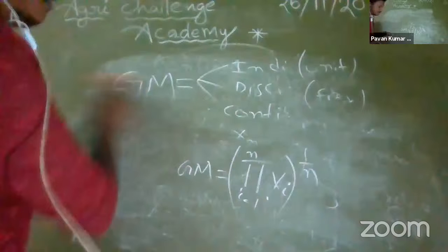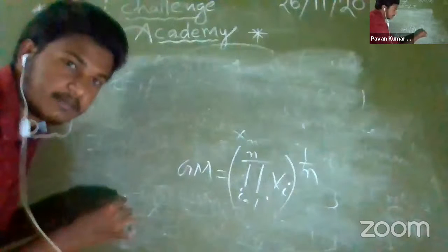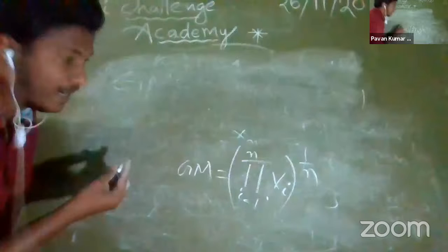I think you know log m to the power n equals n times log m, any base.